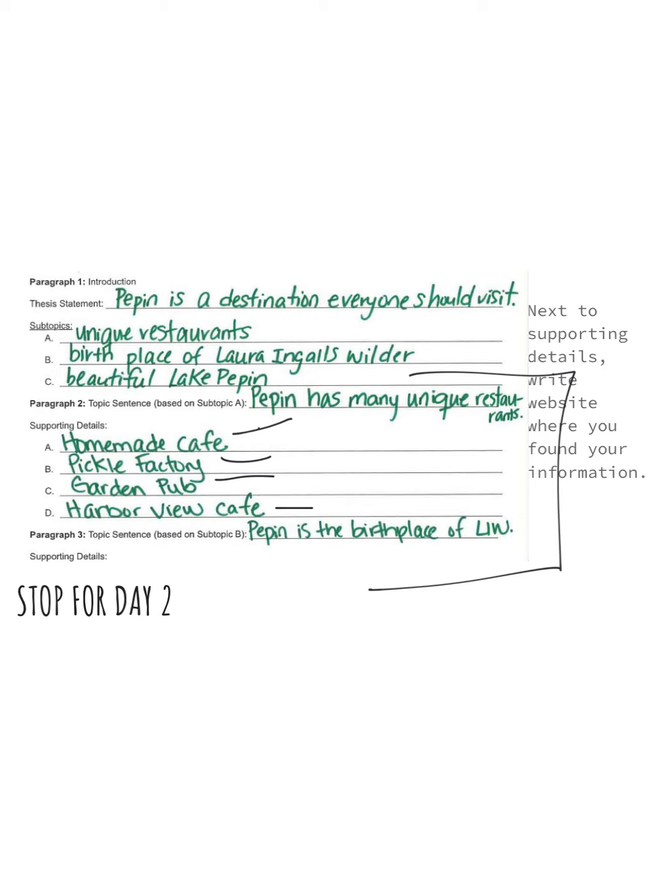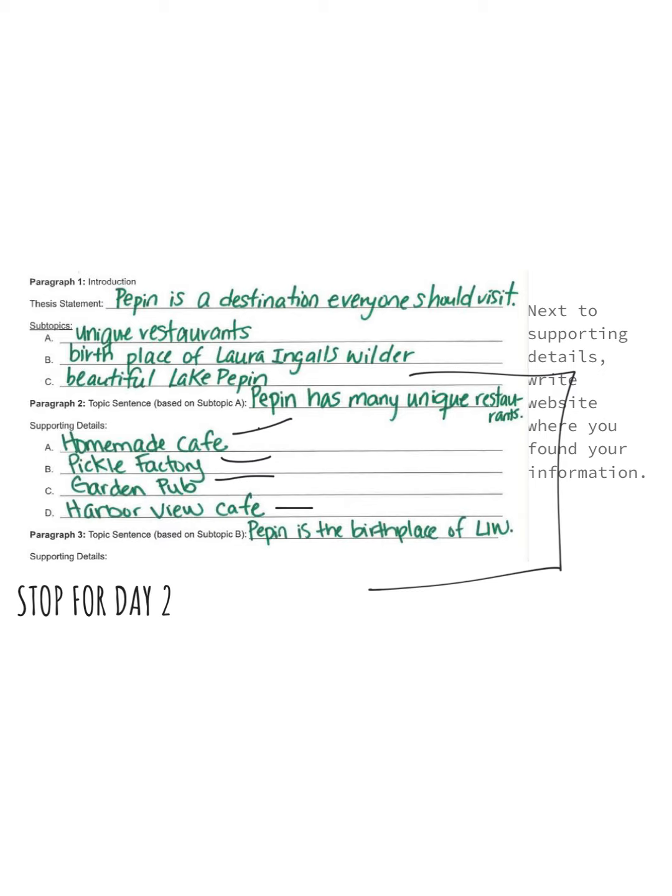But because she didn't, she will probably have to go back to her sources and look for more information. And this is fine. It's just you're going to have a little more research to do even though you're writing your essay.